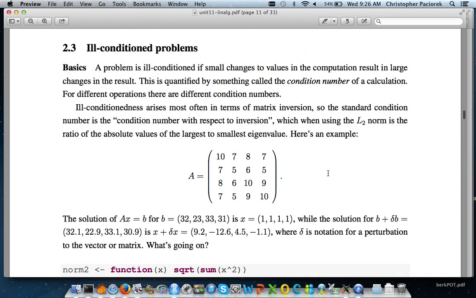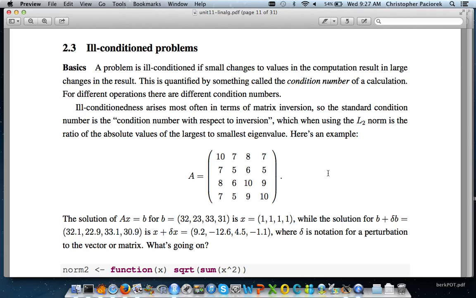In general, a calculation is ill-conditioned if we make small changes to the values being used in the computation, and the result is that we get much larger relative changes in the resulting answer.